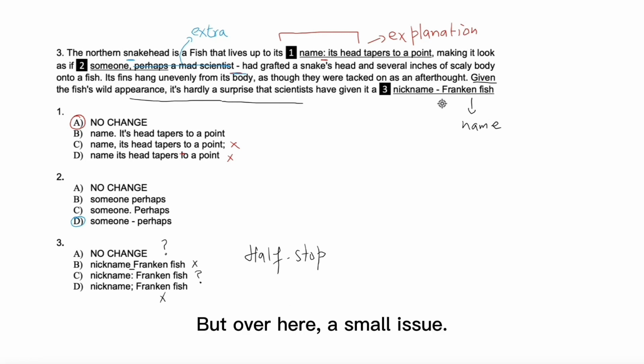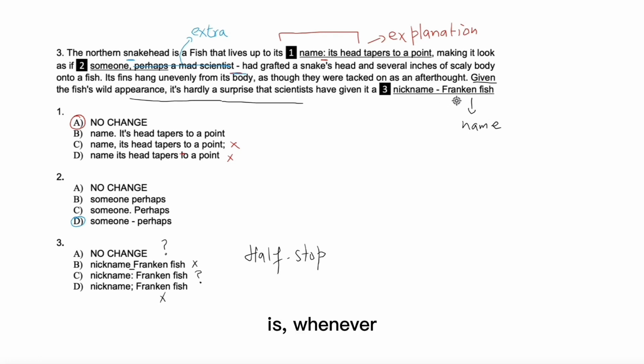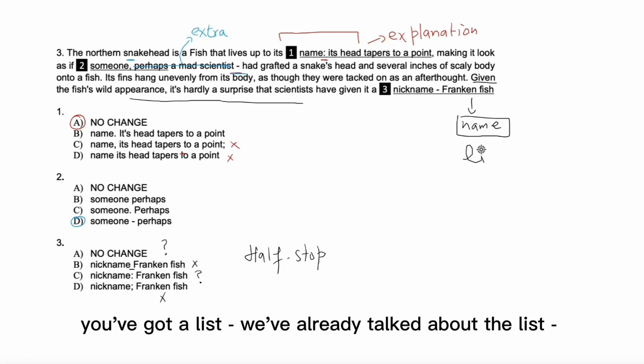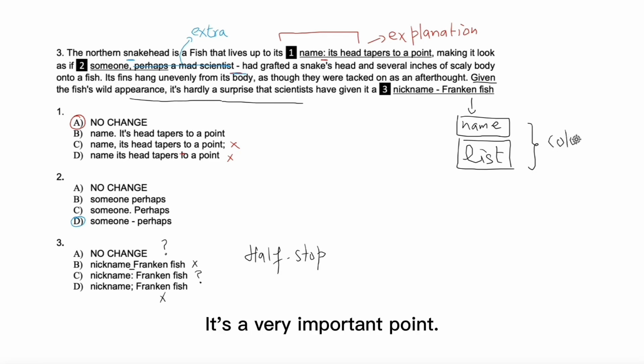But over here, a small point that you need to remember is whenever you have got names or whenever you have got a list, we have already talked about the list, they must be preceded by a colon. It's a very important point. Please remember the preference must be given to colon if you've got a name or a list. So in this scenario, our answer is basically option choice C.